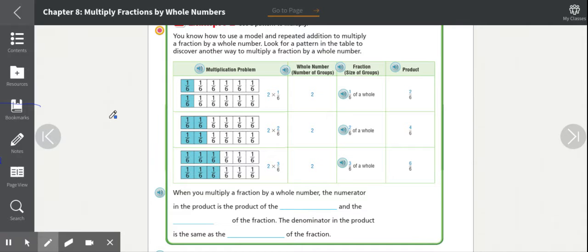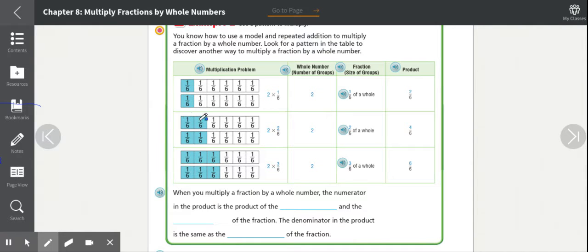and a whole number. So here, if you take a look, this is one whole group and a second group. So that's why it's 2 times 1/6. So whole number would be the number of groups. So that's one group of fraction pieces and another group of fraction pieces, 2, times the size of the fractions in the group, 1/6, and another 1/6 gives you 2/6.